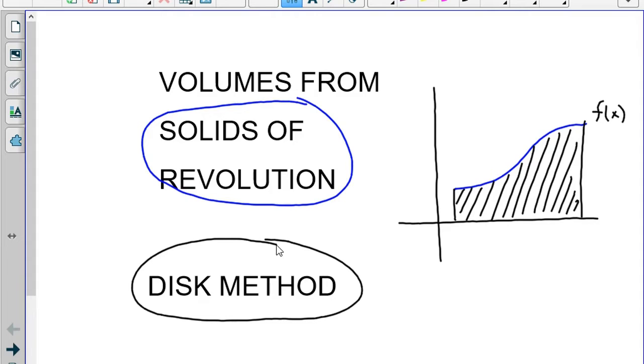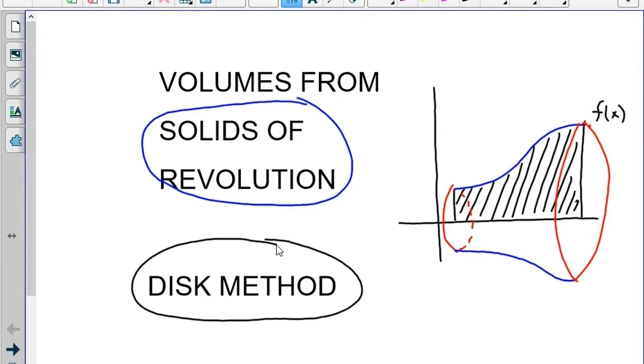In prior units, we have found the area between f of x and the x-axis. What we're going to do today is take this entire area and sweep it around 360 degrees, and there will be a resulting volume that goes along with it.